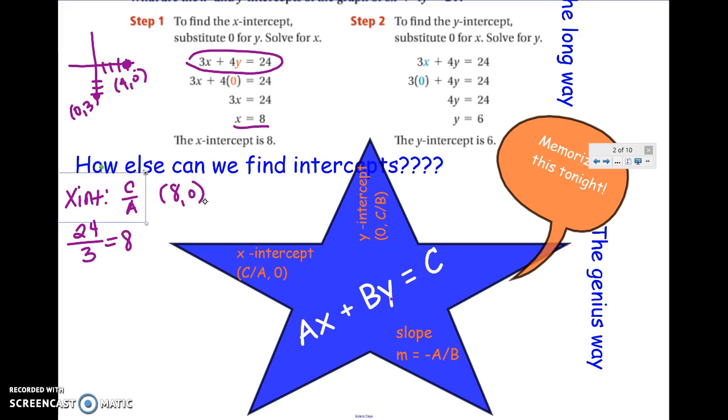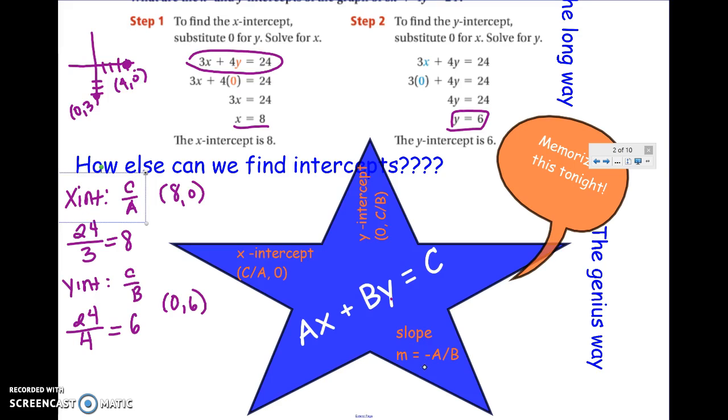There's my x-intercept. Now I want to find my y-intercept, which is c over b. So again, c is 24. B, which is the one next to y, because I'm looking for the y-intercept, is 4. So my y-intercept is 6. Notice how here it was 6 also when I plugged in 0 for x. So I write it as 0, 6, because remember that your intercepts are points on the graph. That's why you always want to write them with 0.